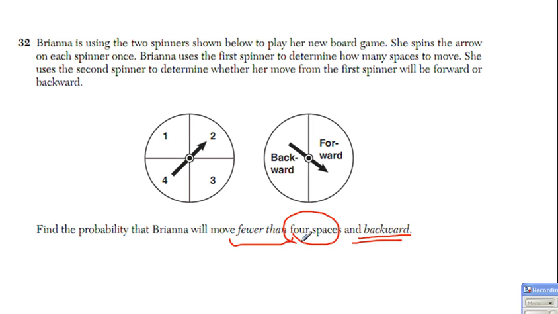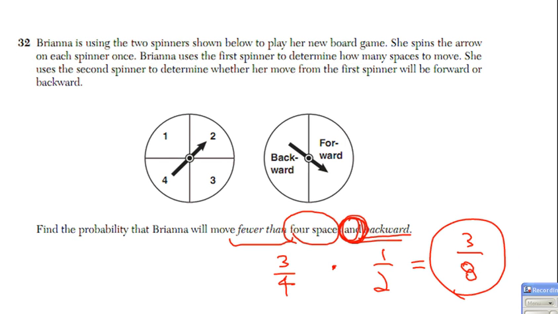Fewer than 4 spaces means we are looking at 1, 2, and 3. That means this is 3 out of 4. And then backwards simply means 1/2. But the word and here implies we have to multiply these two fractions. Then we end up getting 3 out of 8 as our final answer.